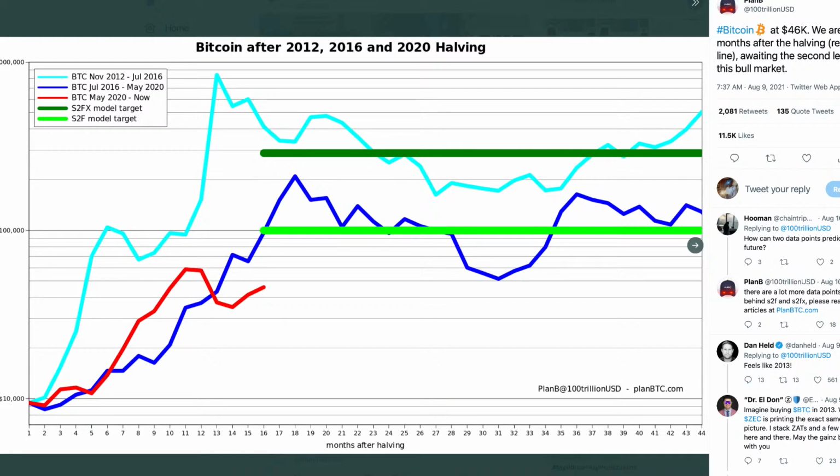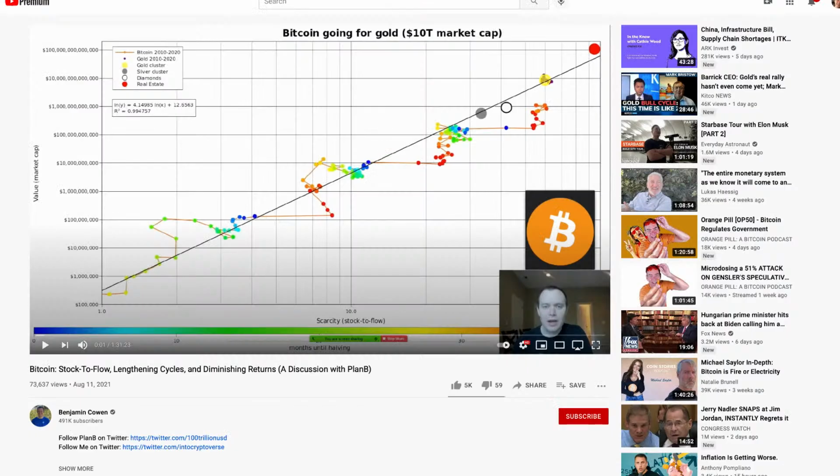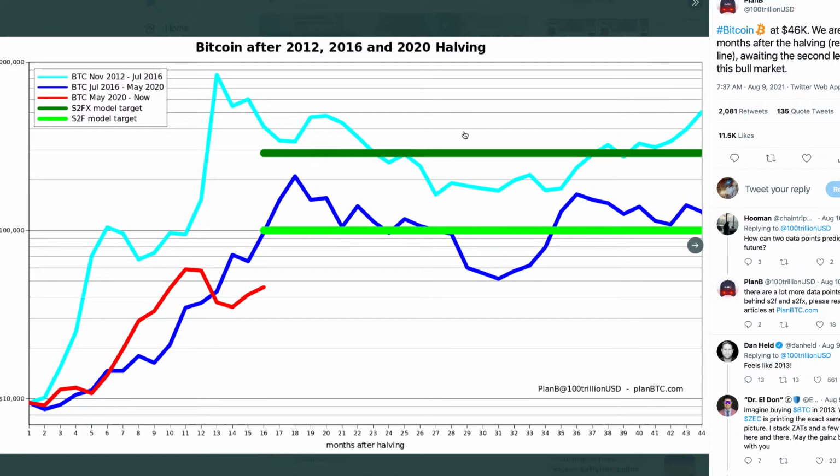So anyway, what else? When I look at this chart, by the way, right, I saw maybe 5 minutes of a clip yesterday at some point in the middle of this video. And this is the chart from Plan B that we're looking at. When some people look at this chart, they make the observation that we are seeing diminishing returns. I mean, everyone knows that we're only looking at 2 data points.